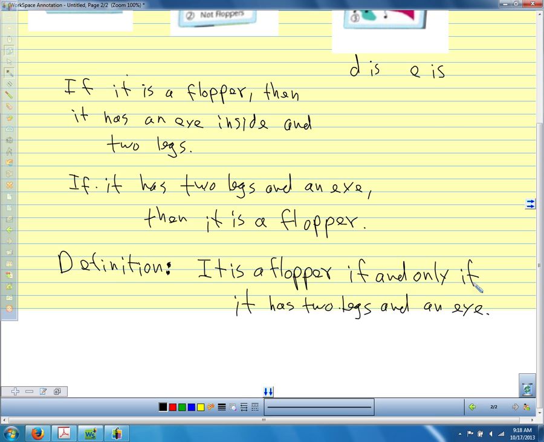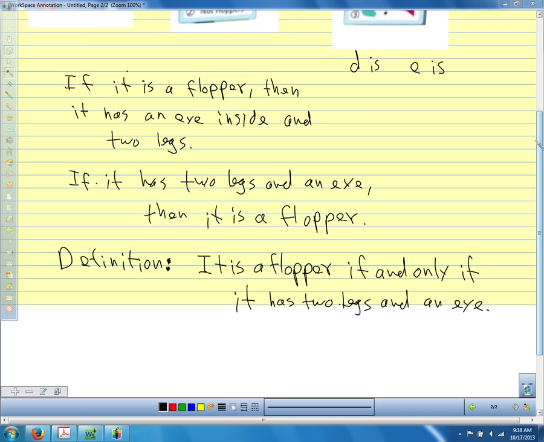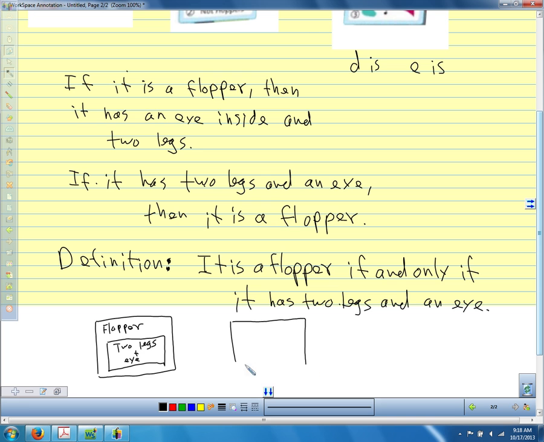And we can also make a Venn diagram for our biconditional. So let's draw a Venn diagram for our definition. So our Venn diagram would look like this. And inside my flopper rectangle, I would have two legs and an eye. And I can also make one for the other part.